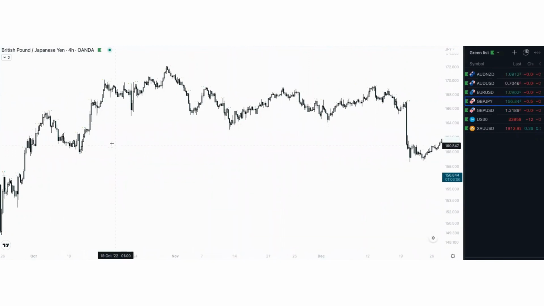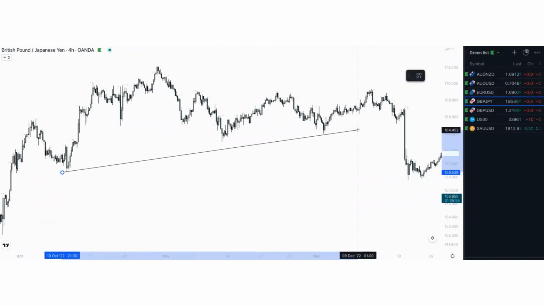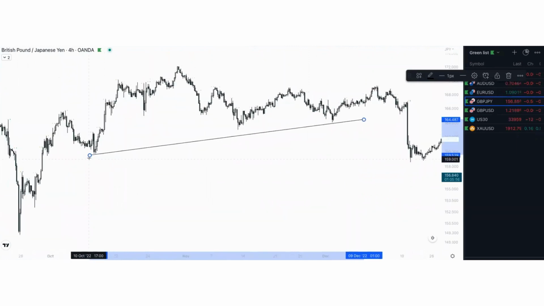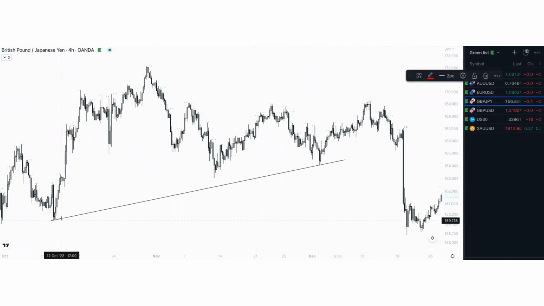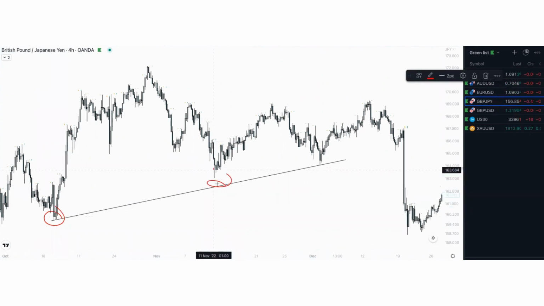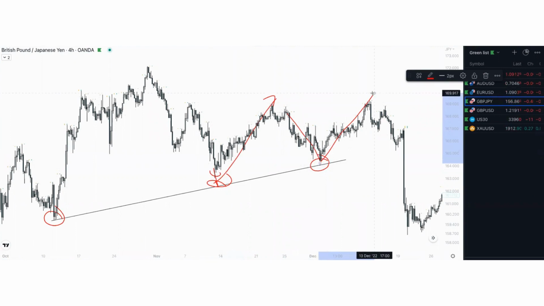Maybe this one, because it really took time. So I'm on the 4 hours, right? As you can see here, this is the start of this trend line right here, in an uptrend, right? Every time the price touches this, right, it didn't touch the trend line, but it took off, and then goes back again, has this one, and then it took off.